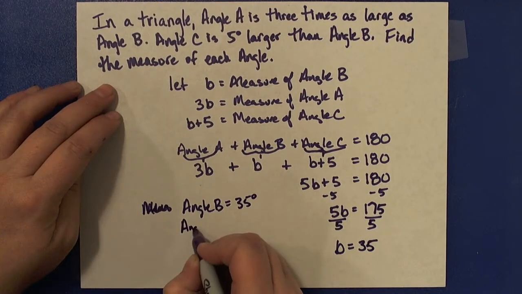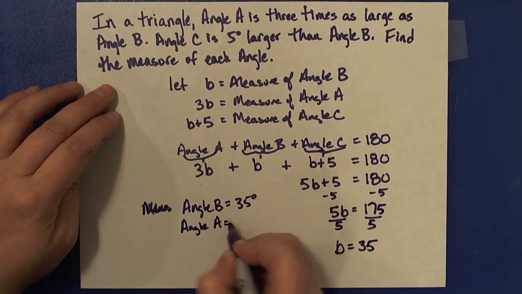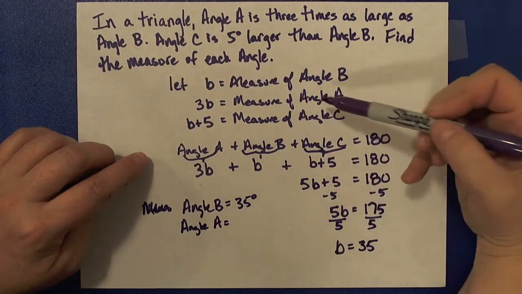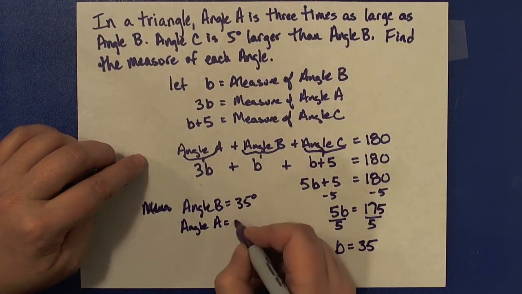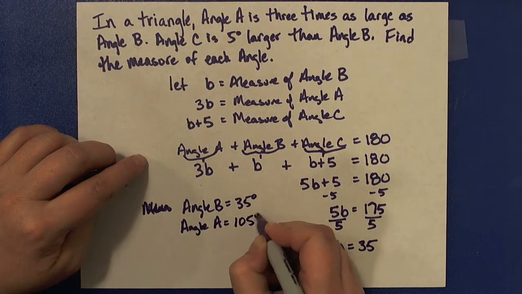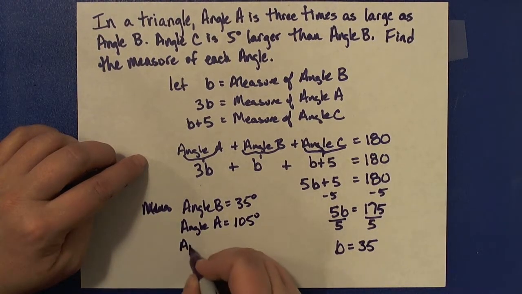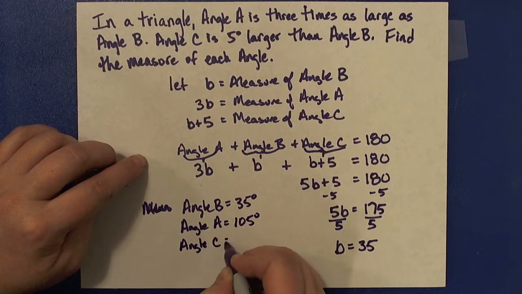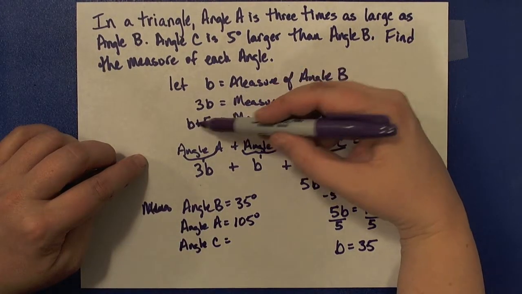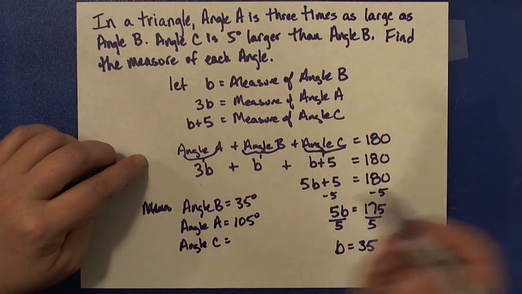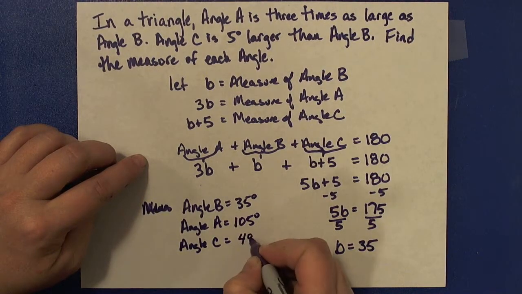Then I have angle A, and to find angle A, go back and see how I defined it. It was 3 times angle B, so 3 times 35 is 105 degrees. And the last angle I need is angle C, and angle C was B plus 5, so I have 35 plus 5, or 40 degrees.